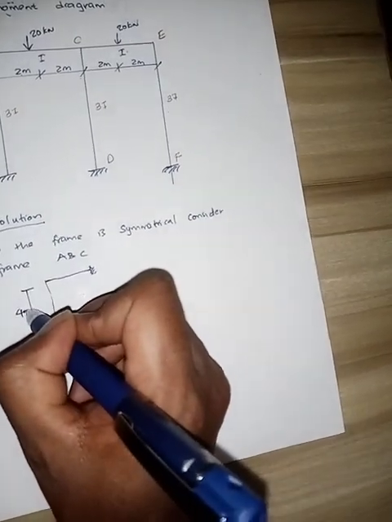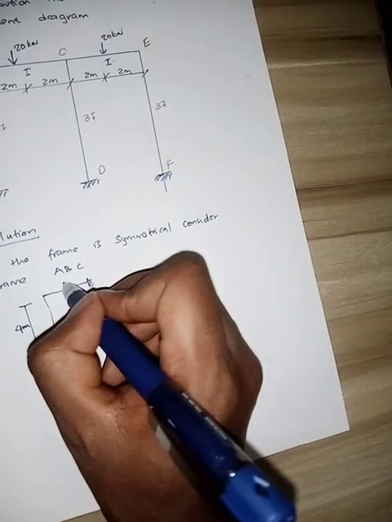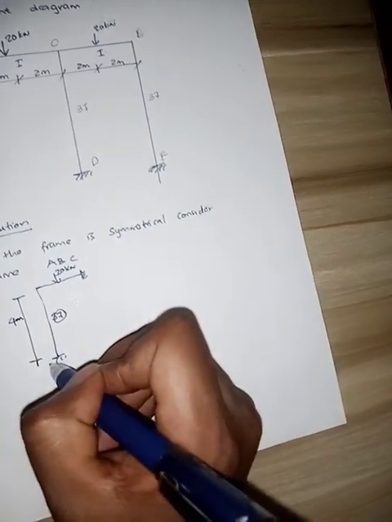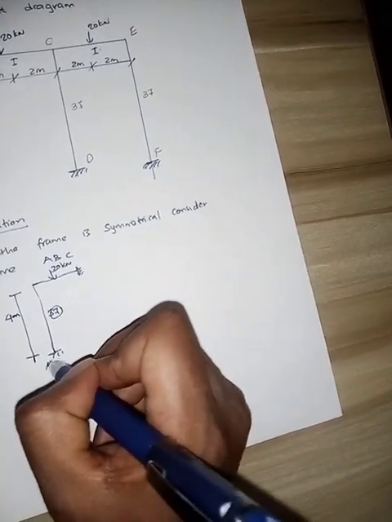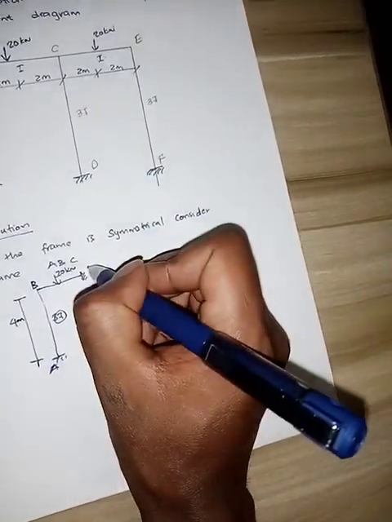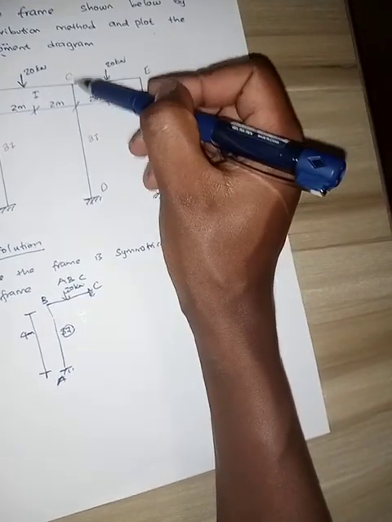So that is 4 meters, and this is 3I, of course, and this is 20 kilonewton. So this is A, B, and C. So we are only considering this part of the frame up to point C here.